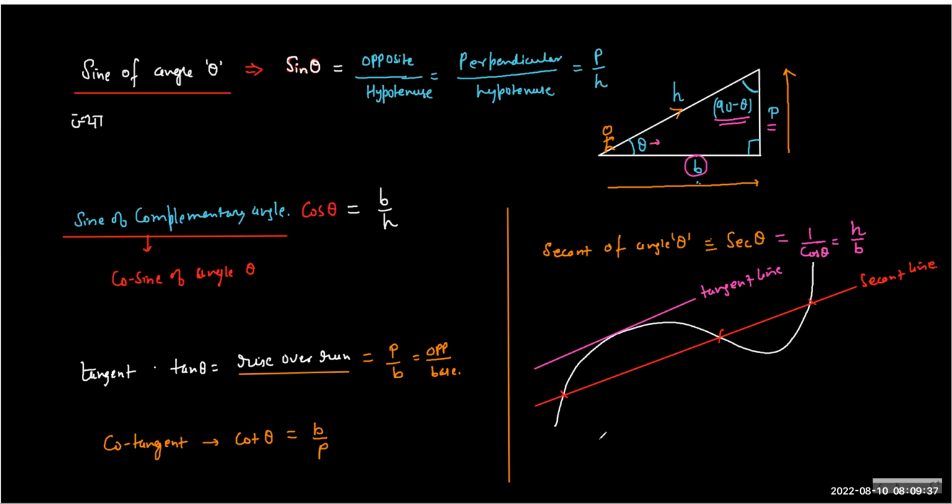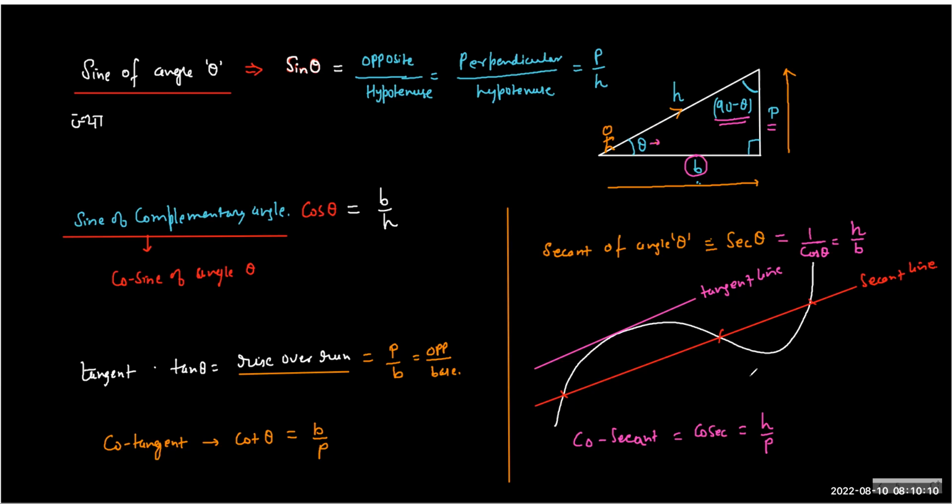And then what is left? Four ratios: cot is done, tan is done, cosec. The complementary of secant, cosecant. Cosec. Because it's complementary, it will become H by P. So we have this simple relation, and you know who is complementary of whom.